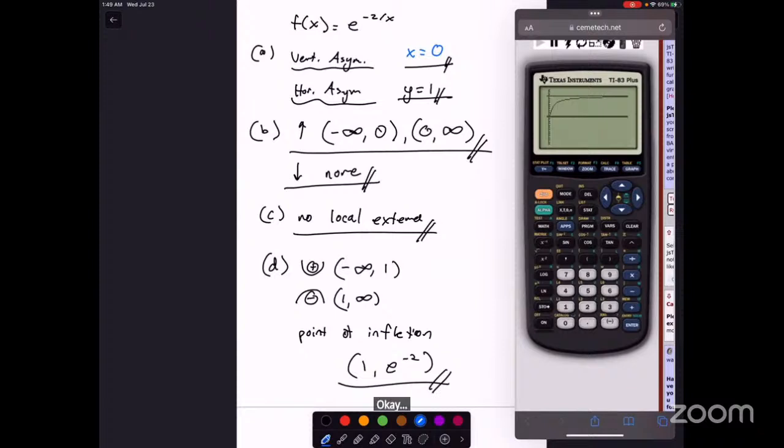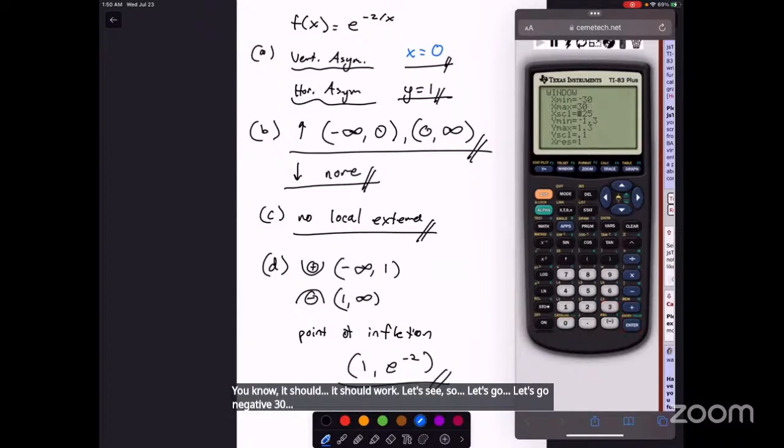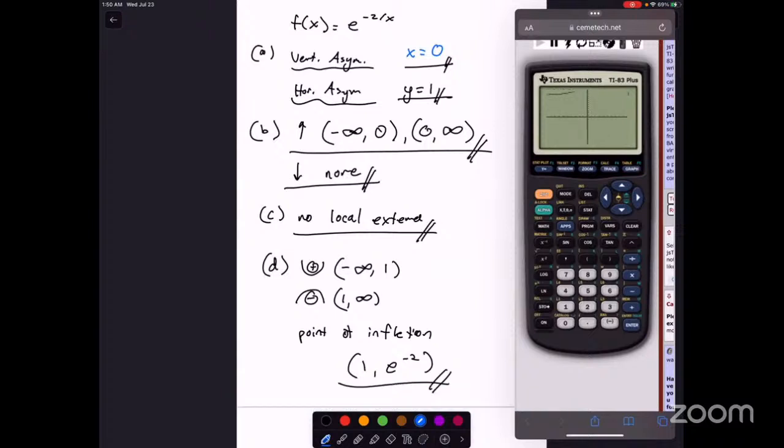Now, negative infinity to 0. Why is that not showing? When x is negative 1, yeah, it should work. Let's see. So let's go negative 30 to 30, in steps of like 3. Hit graph. Okay, there we go.